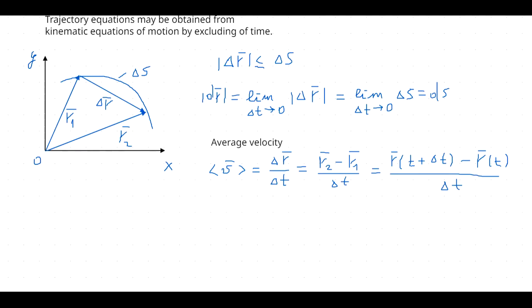So how to solve this problem? This problem may be solved by taking the limit of average velocity, and this limit is known as instantaneous velocity or instantaneous speed.